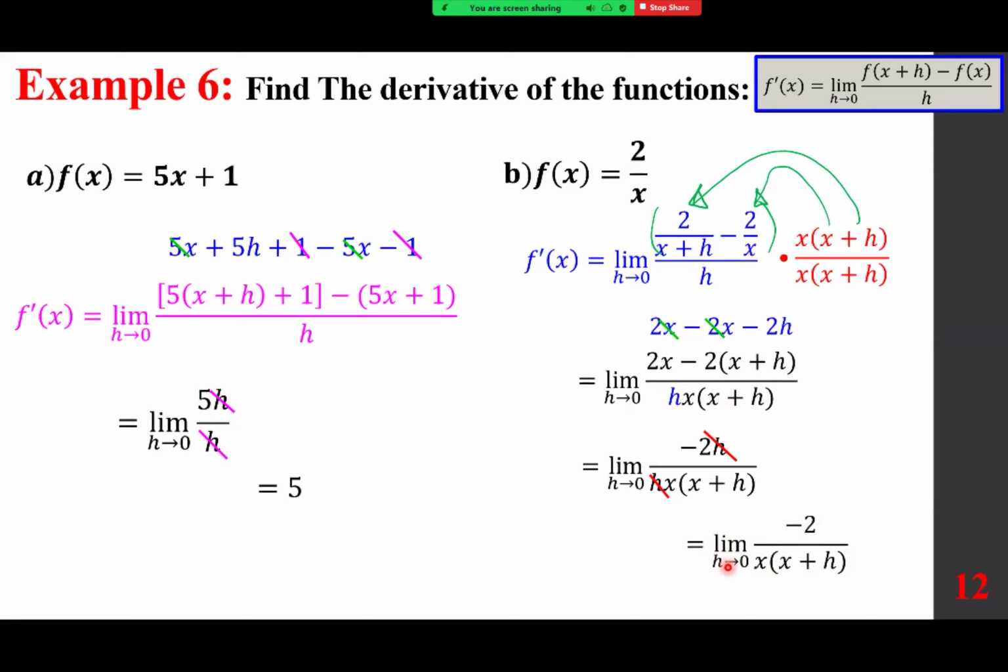When you have the limit as h approaches 0, now you replace the h with 0 and you get minus 2 over x squared. That's what you do. So that's pretty straightforward, everybody.